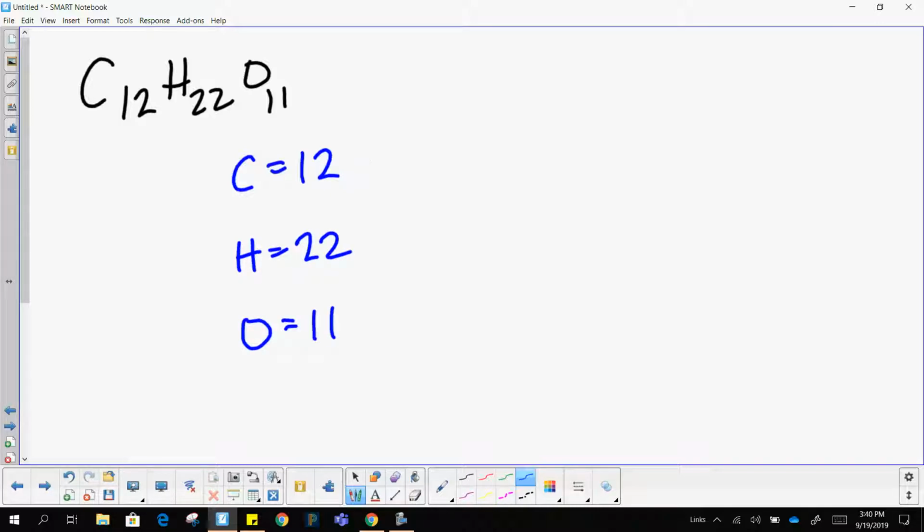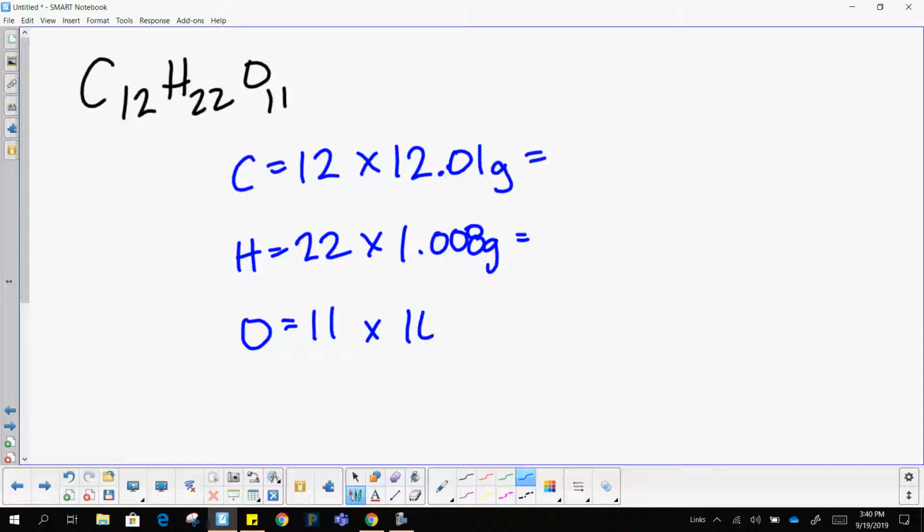So now we use the masses from the periodic table. 12 times the mass of carbon, which is 12.01, 22 times the mass of hydrogen, and then 11 for oxygen times the mass of oxygen.